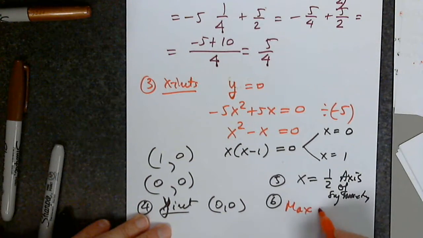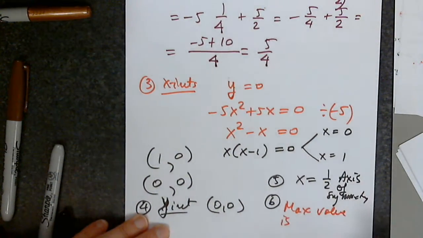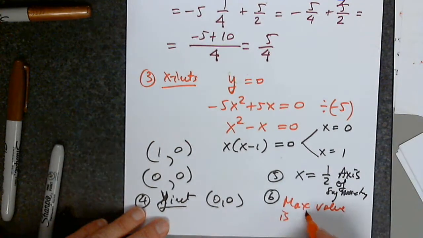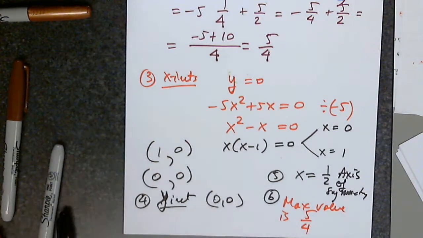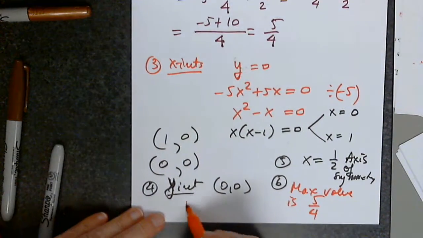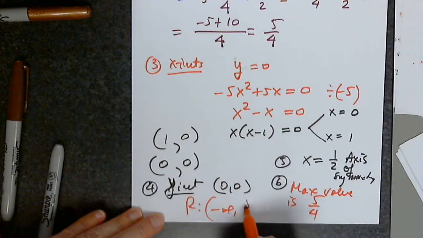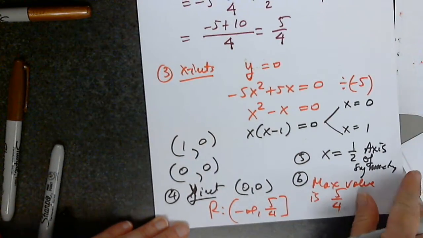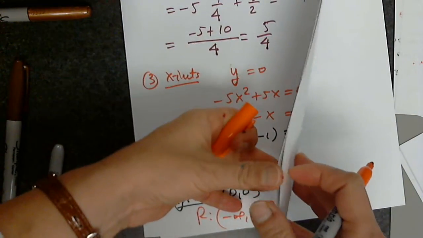What is the max value? Max value is 5/4. Can anyone picture the graph and tell us the range without even graphing it? Right. So the range is -infinity to 5/4, to the y value that is maximum.